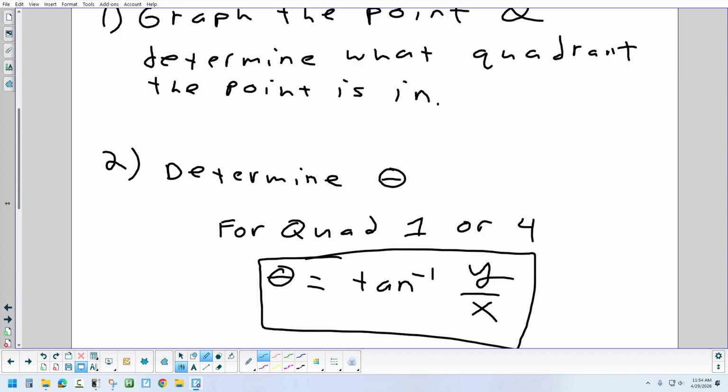But the problem with inverse tangent is inverse tangent always gives you an answer here. What quadrants does that cover? 1 and 4. It only covers 1 and 4.